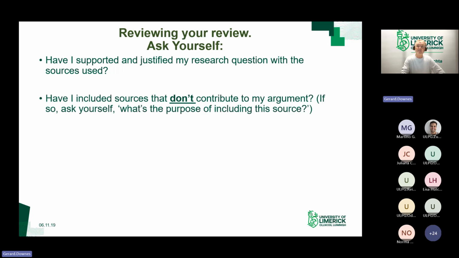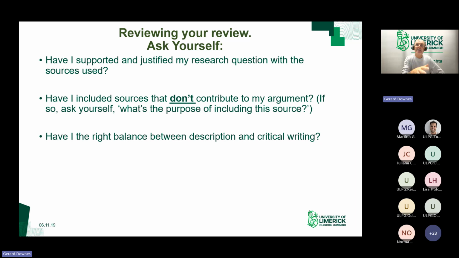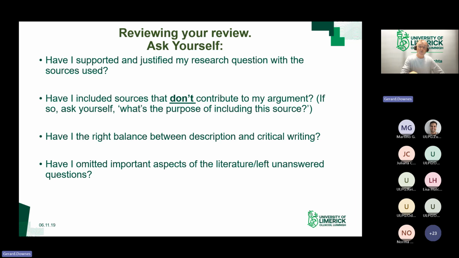Have I included sources that don't contribute to my argument? And then you ask, what's the purpose of including them? Have you got the right balance between description and critical analysis or critical writing? Have you left out certain important aspects of the literature or left perhaps unanswered questions? That'll be very obvious to you at the end of your literature review.